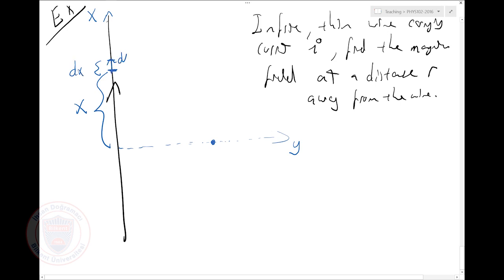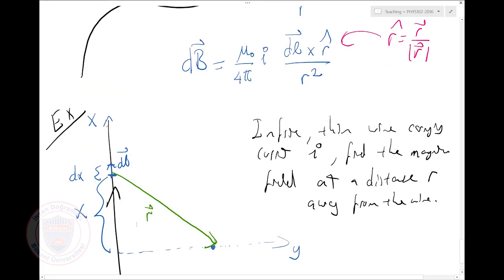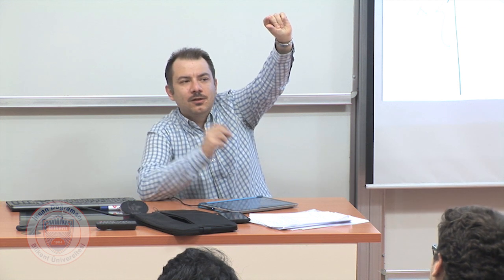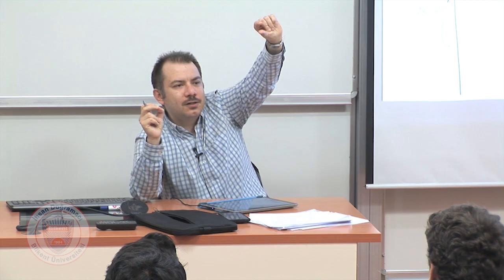So its dl vector will be like this. So what is the small magnetic field created by this small section? I need to look at the r vector. What's the r vector in the Biot-Savart formula? It's from the current that's creating the magnetic field to the point where the magnetic field is observed.